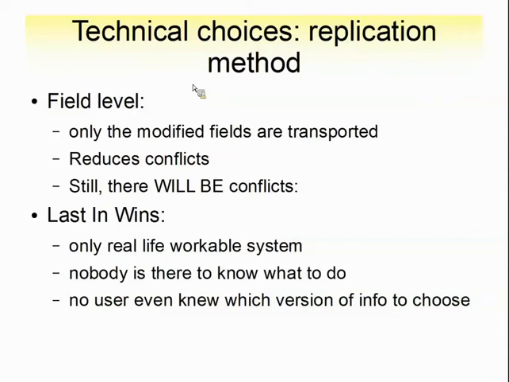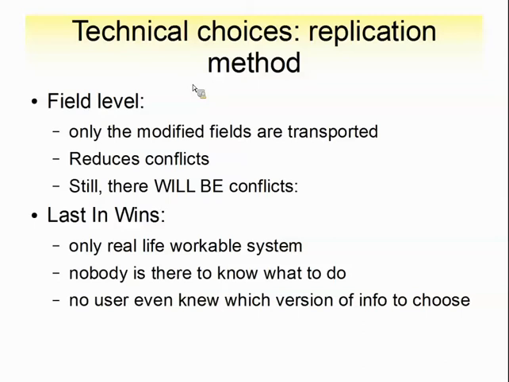Of course, I decided to go replication at the field level. So only the modified fields are transported. When you add a record, it's all the fields, clearly. But when you modify something, only those are transported. And even though this reduces the chance of conflict, there will be some.